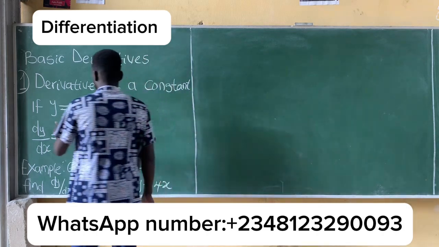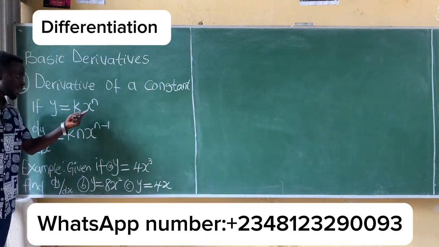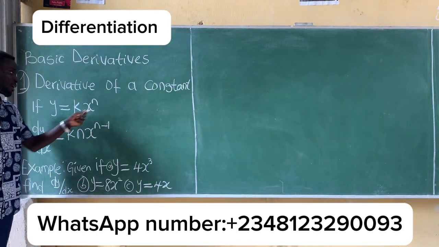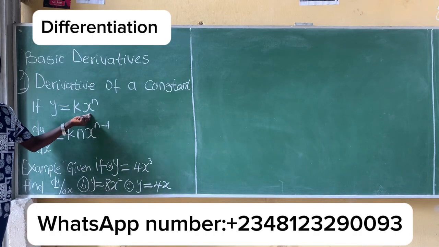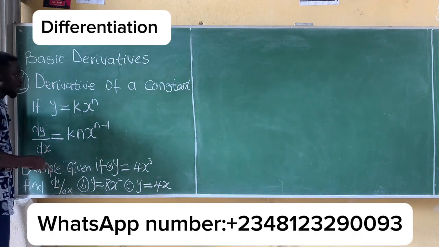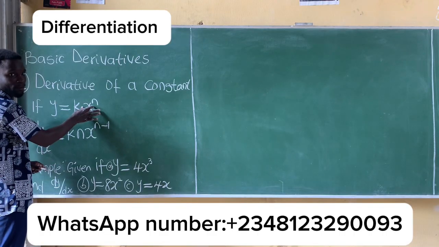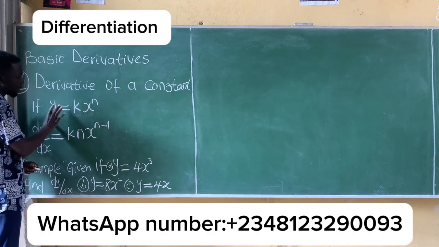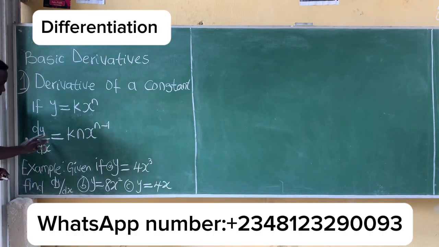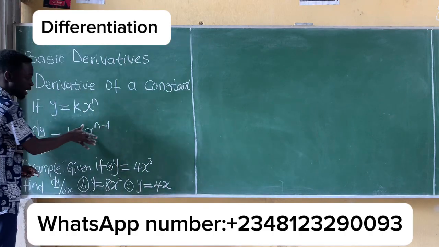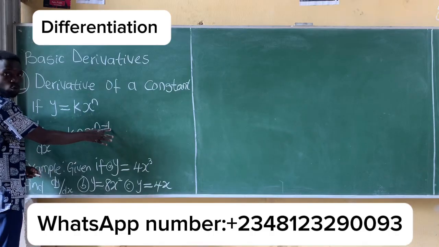Now, if y is equal to kx raised to the power of n, k here represents a constant, right? Then x here is the independent variable. So if y is equal to kx raised to the power of n, then dy/dx becomes kn x raised to the power of n minus 1.